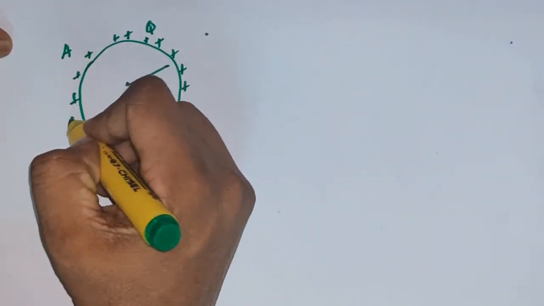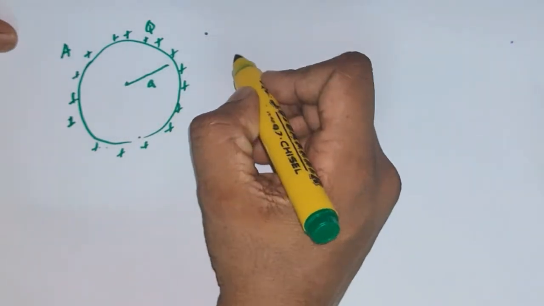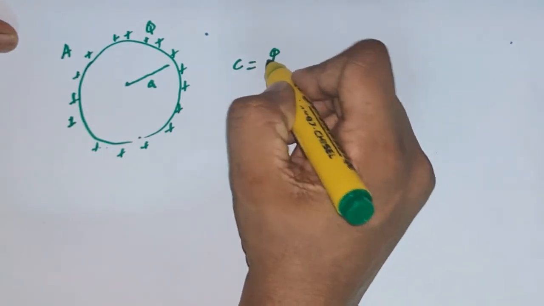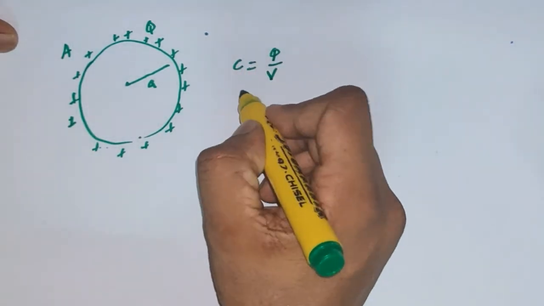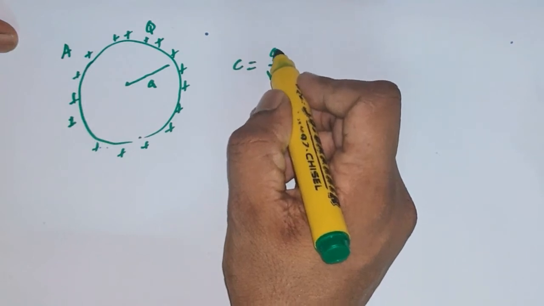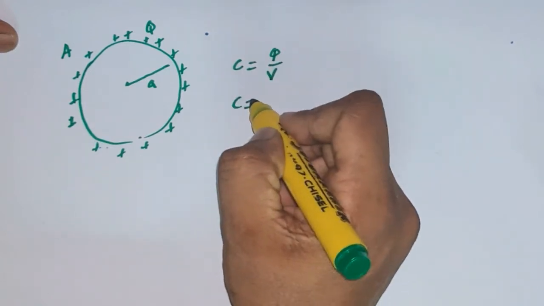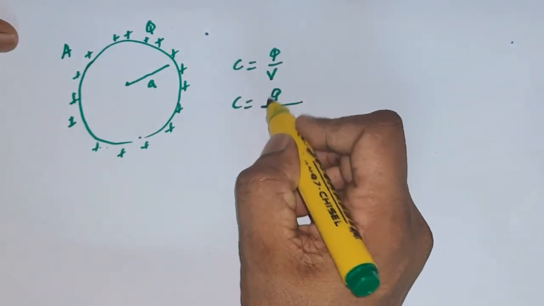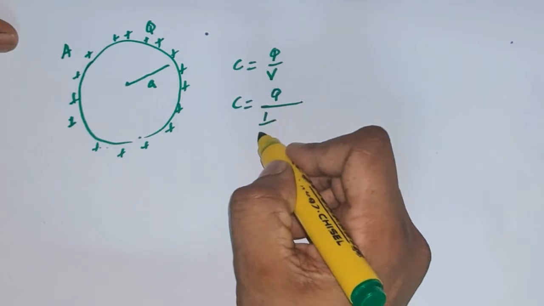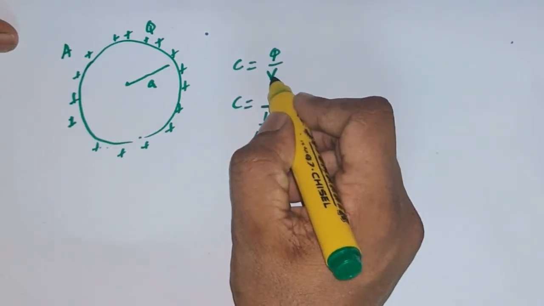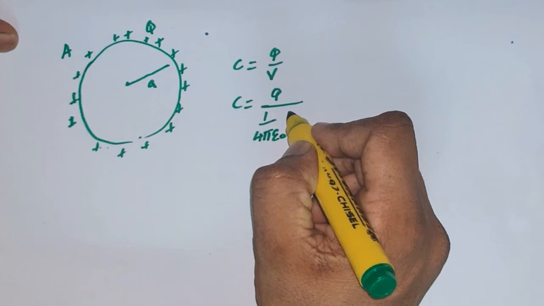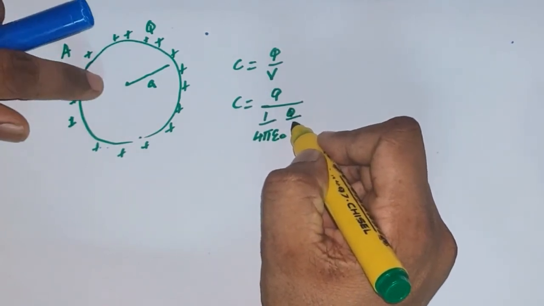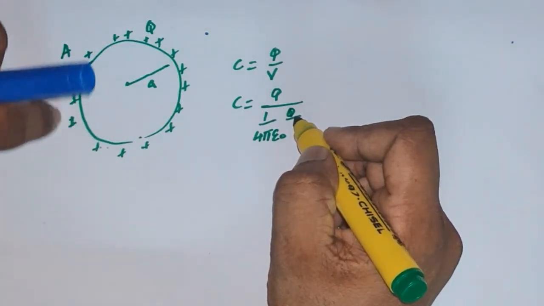So we can write the capacitance of the metallic sphere. The capacitance is equal to the total charge divided by the voltage. The potential V is 1 by 4 pi epsilon naught times the total charge divided by the radius, if we calculate the potential at the surface.